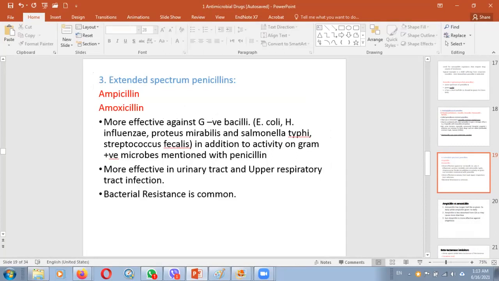Now we come to the extended spectrum penicillins, which are ampicillin and amoxicillin. They are more effective against gram-negative bacilli, for example E. coli, H. influenzae, Proteus mirabilis, Salmonella typhi and Streptococcus faecalis.